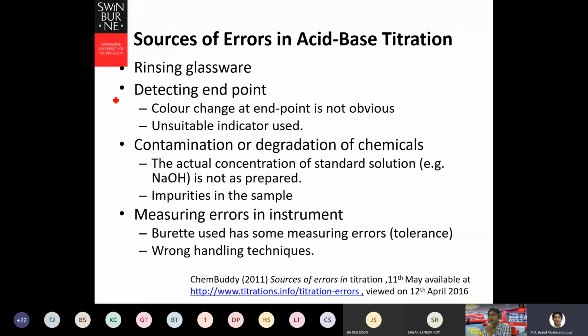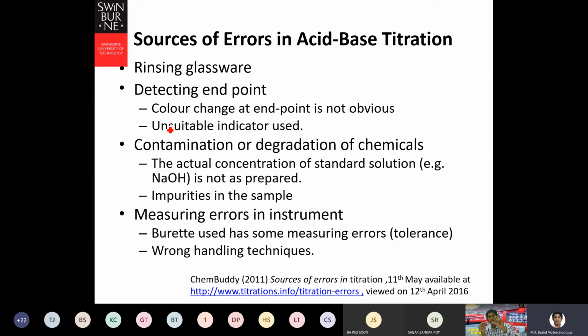What are the sources of error? That is the rinsing of glass. If we do not rinse the glassware, then we do not know what is inside already, right? Dirt, impurities, that will cause the error. Detecting the end point: when we do the titration, at exactly what point did it change the color?